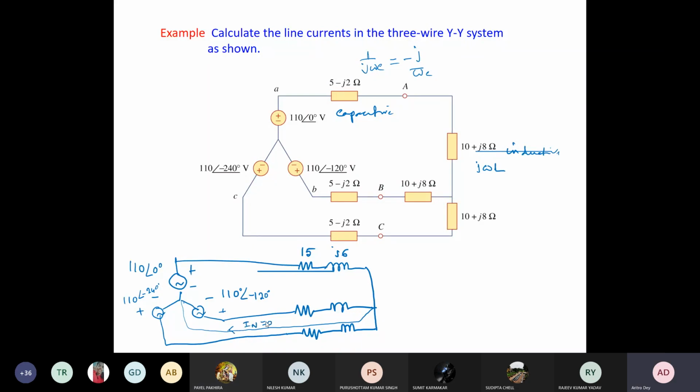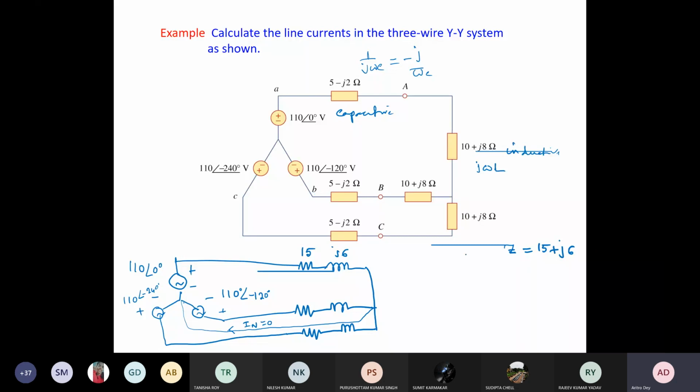So you have the phase voltage provided, and you know your impedance per phase. This is your Z, which is equal to 15 plus j6. If you can calculate the line current in one phase, then for the other phases it will be just 120 degrees and 240 degrees apart.